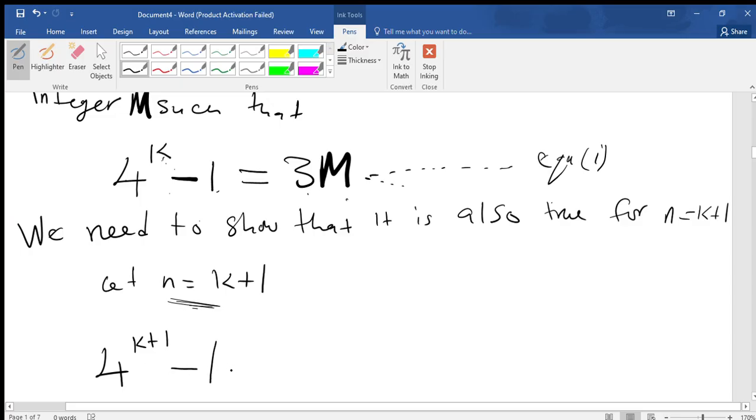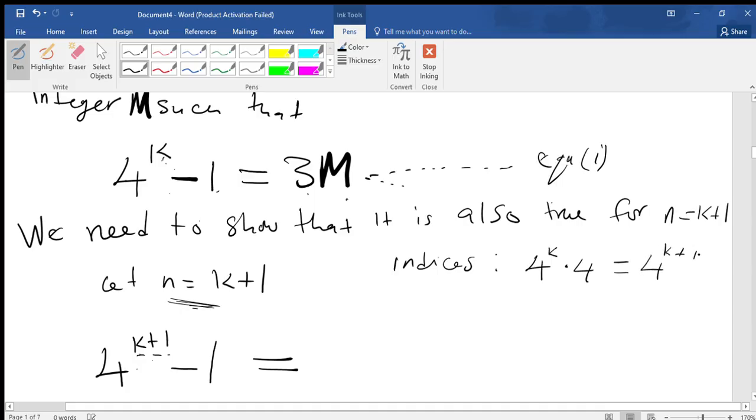Now, let's break this down. What is this going to be? We know that 4 power k plus 1, the powers here are adding up. How did that happen? It came from a situation whereby we had the same base multiplied with different powers. So the indices property, where we had 4 power k multiplied by 4, is just the same as 4 power k plus 1.